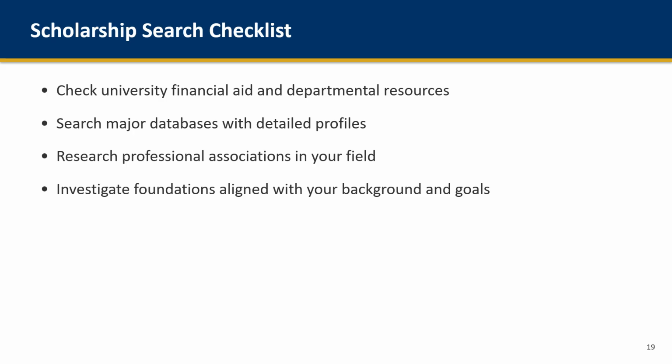Search foundation databases like Foundation Directory Online. Check government programs at federal and state levels. Research programs like National Health Service Corps, state loan repayment programs, and agency-specific opportunities relevant to your field. This systematic approach surfaces opportunities that random browsing misses.